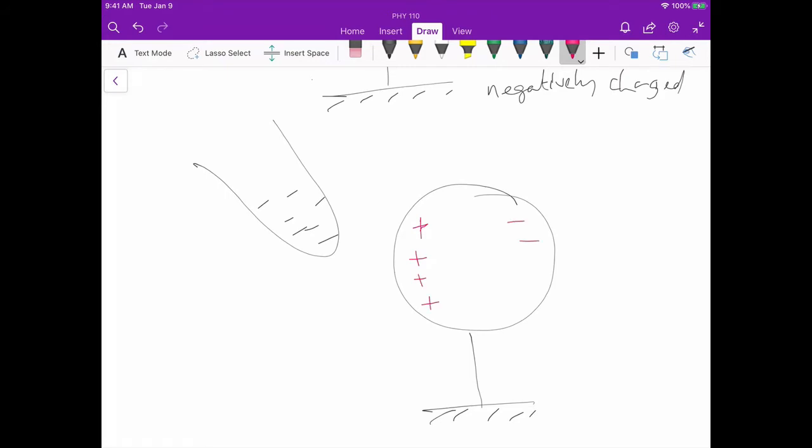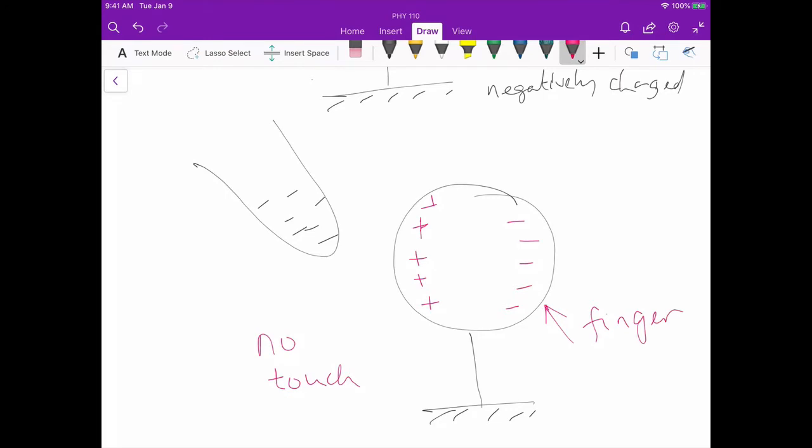Because their counterparts, the freely moving negatively charged particles, will run away to the other side. Now, there is no touch here, and unlike the previous case, you don't touch this object with the charged particle. Rather, touch this with your finger on this side.